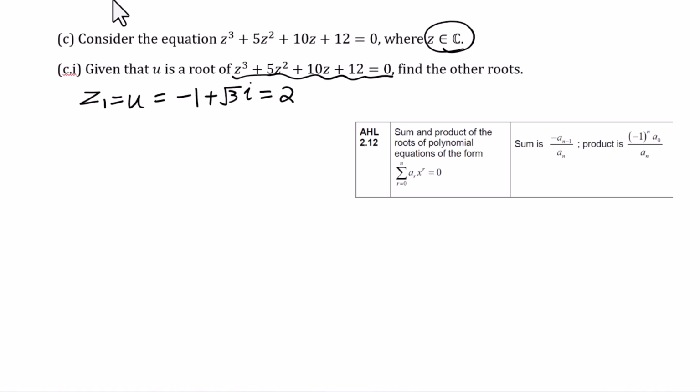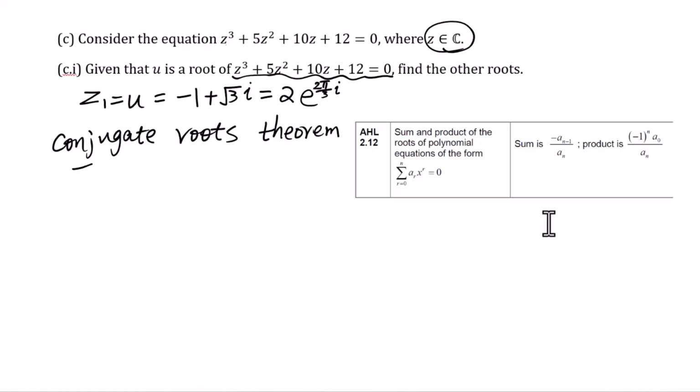Or we can write it in Euler form: 2 times e to the power of 2 pi over 3 i. Based on the conjugate roots theorem, z2 equals -1 minus square root of 3 i equals 2 times e to the power of -2 pi over 3 i.